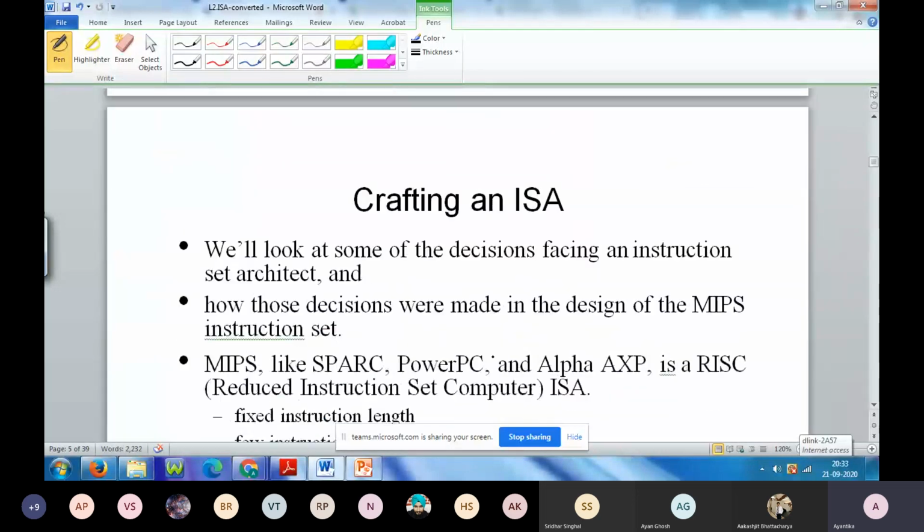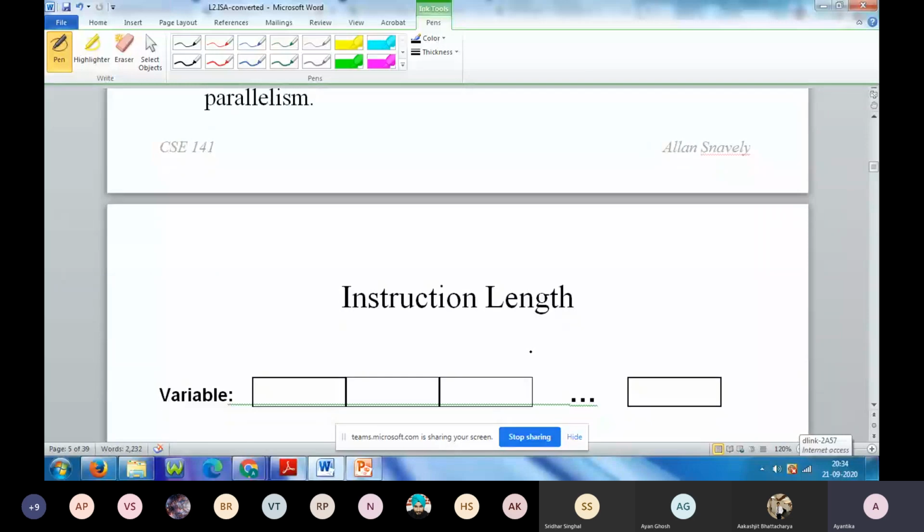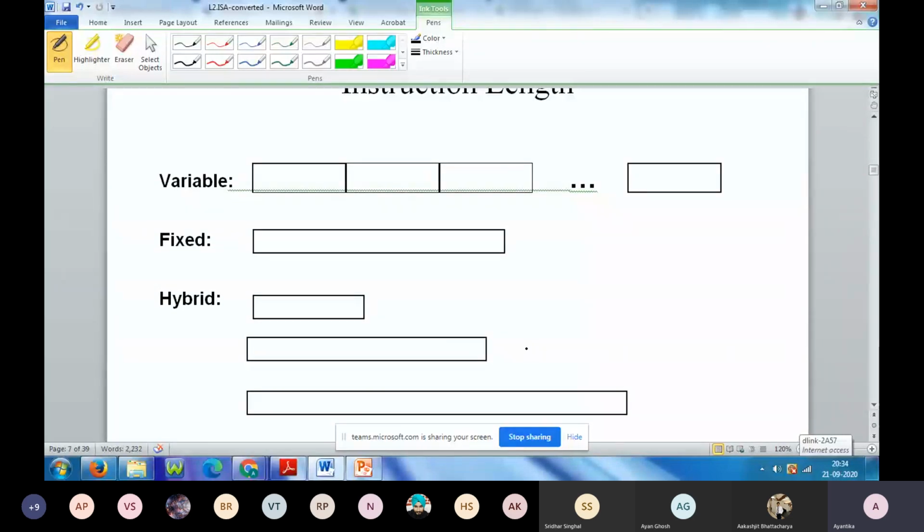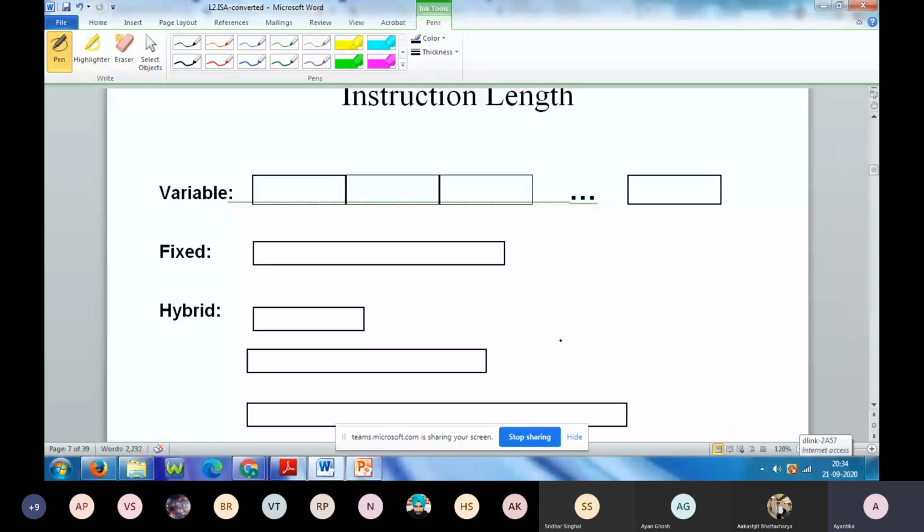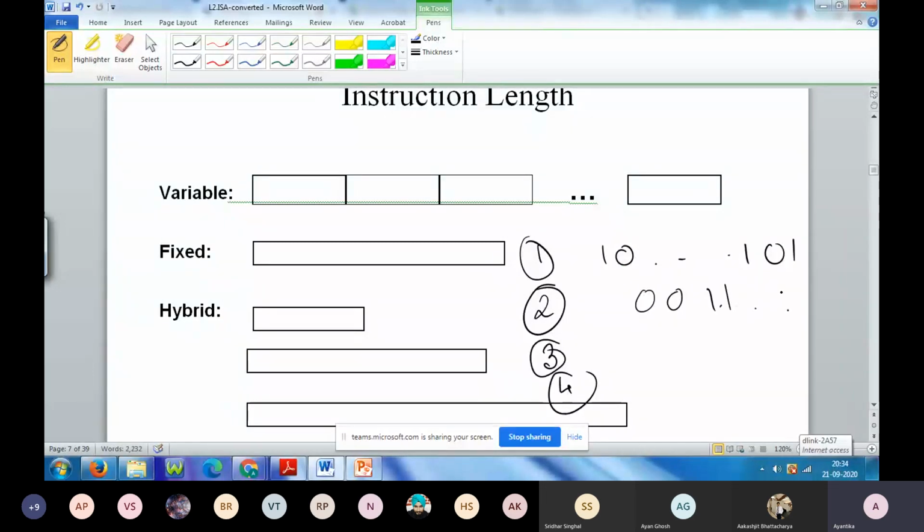So let's start with this first. Now, the instruction length: when you are storing, your compiler may have created some output. Maybe if you have 4 instructions, 1, 2, 3, 4, for each instruction it has created some sequence of bits. Now, the first question will be, will that instruction length be variable or fixed?